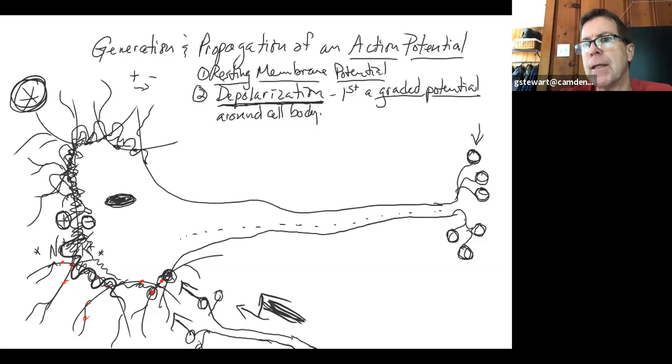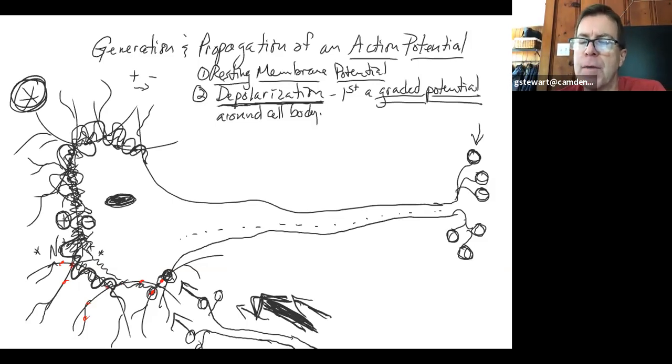If you stimulate this gently, you get small waves of depolarization that die out quickly. If you stimulate this really hard, you get larger waves of depolarization that extend further. These are graded potentials because they are dependent on stimulus strength.